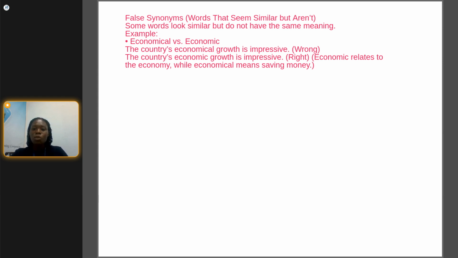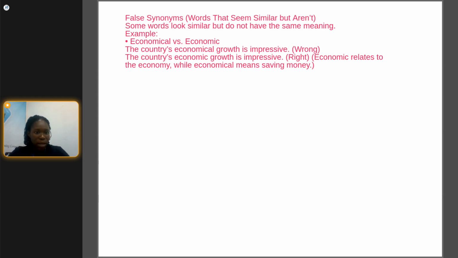So there are some words that are general in themselves, and there are some words that are specific. Sometimes the context wants you to have a general word, or sometimes the context wants you to use specific words. So if you use specific words when you're supposed to use general words, you would be wrong, even though the words are synonymous.